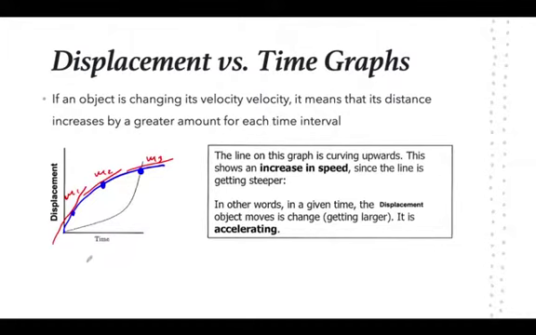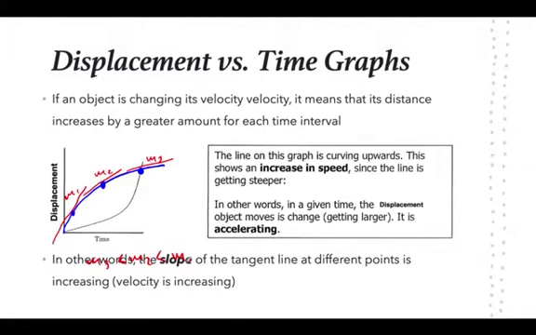We notice that the slope of the tangent line is getting smaller and smaller and smaller. And since we said that the slope is equal to the velocity, then the velocity is decreasing, which means that this object is slowing down or decelerating or accelerating negatively. So we can find a lot of information from a displacement versus time graph.